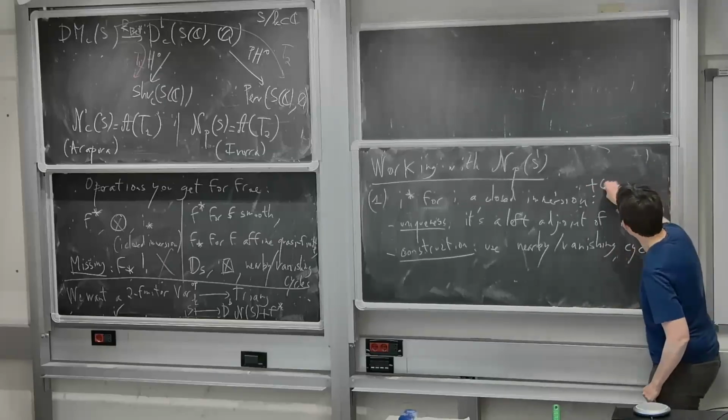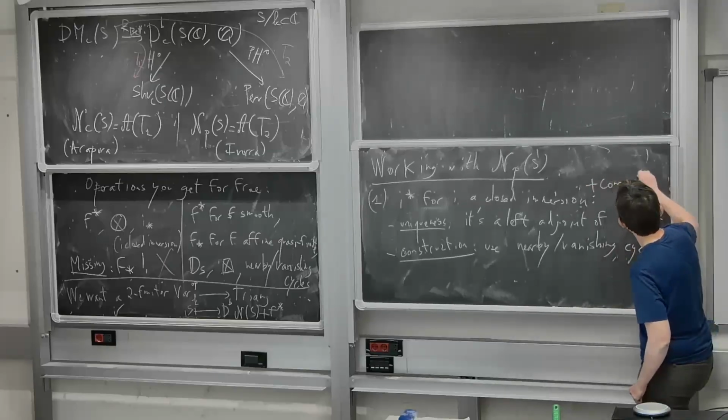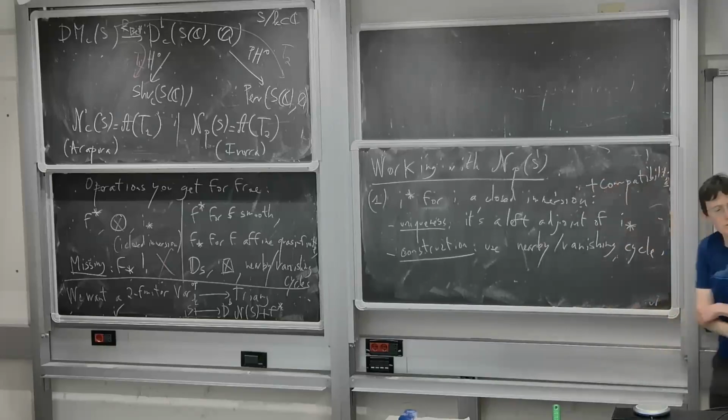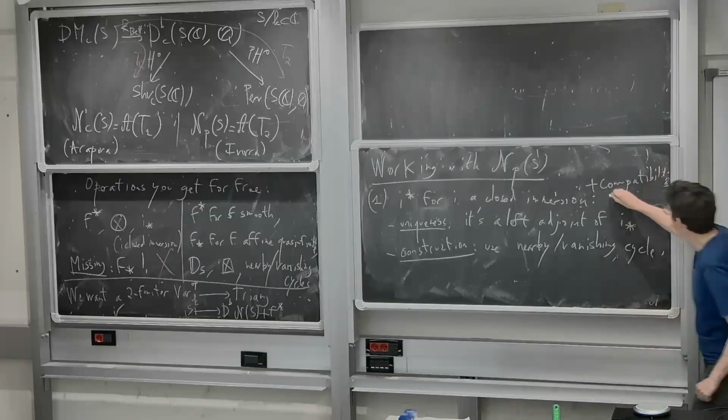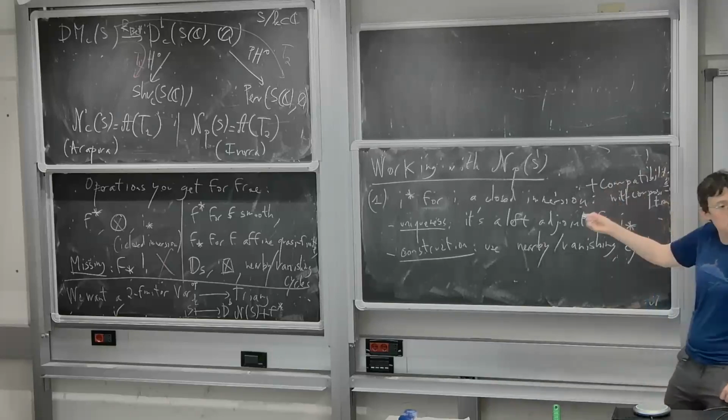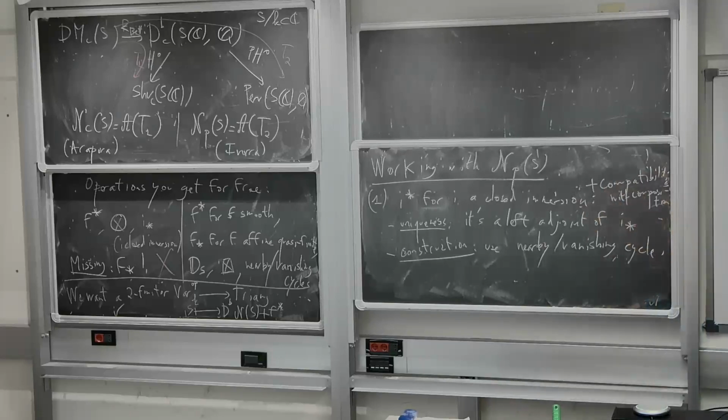And here, you don't just write i upper star for a closed immersion, you want compatibility with composition. If I compose two closed immersions, I want the i upper stars to compose too. But this is going to come from this, right?